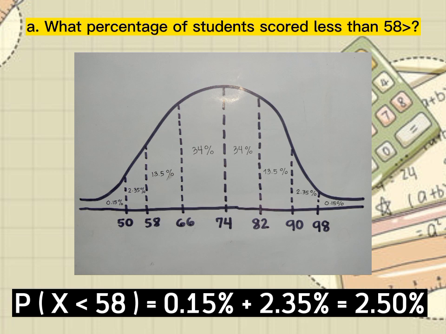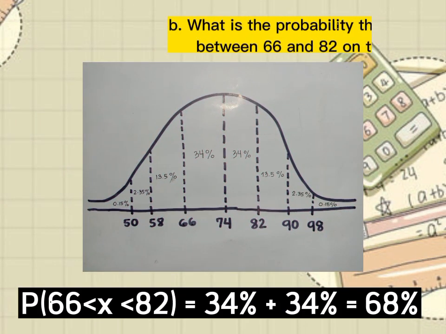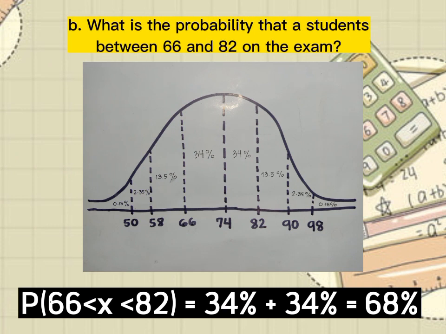The area between 50 and 58 is 0.025 as a decimal. For B, the probability that a student scored between 66 and 82 is between 34% and 34%. So we add 34 plus 34 equals 68. So 68%, that is the answer for part B.